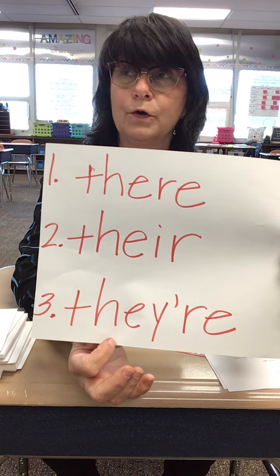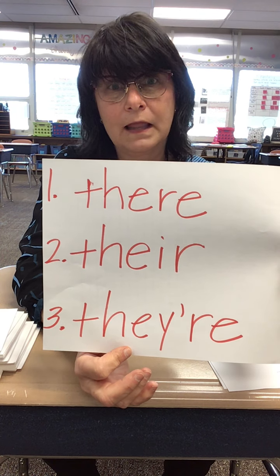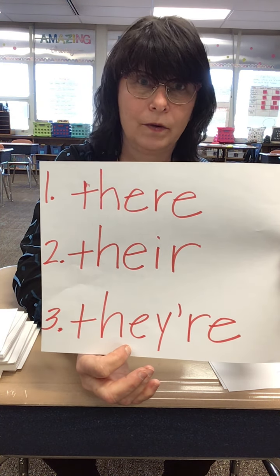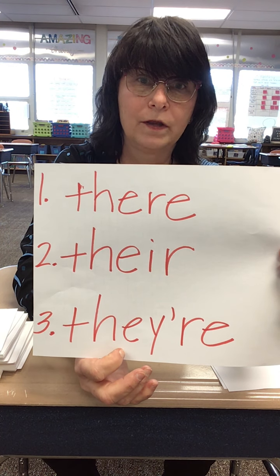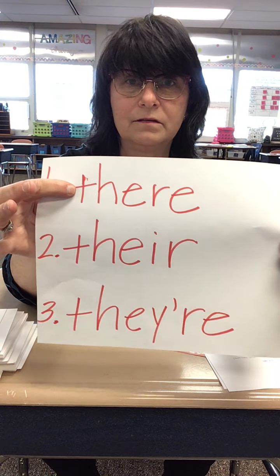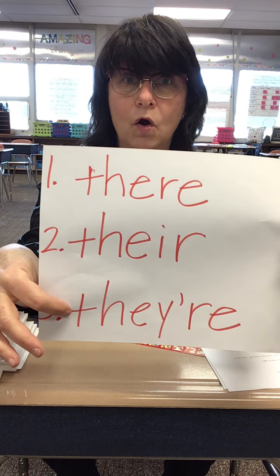Okay? So for instance, if you would say, they're going to be late, well, you could substitute they are going to be late. They're going to be late. Then you know it has to be this one. A place, they own something, and they are.